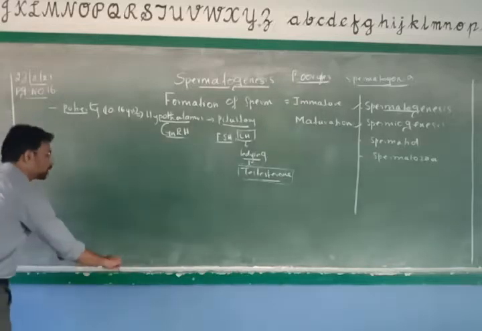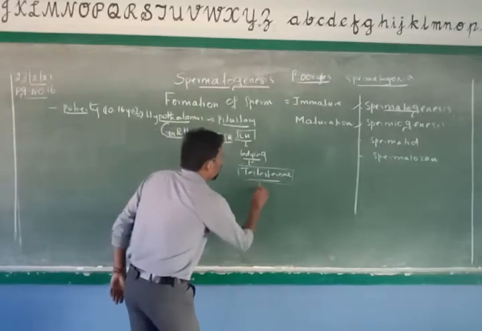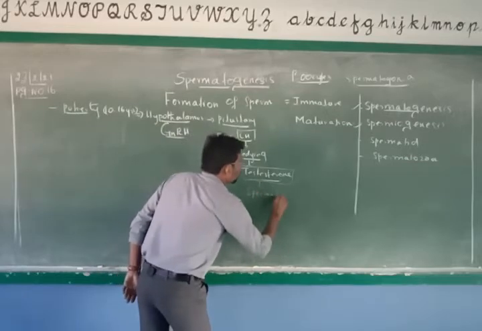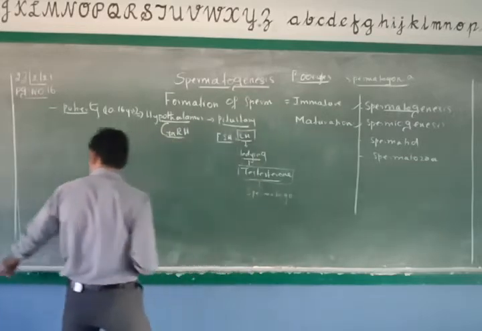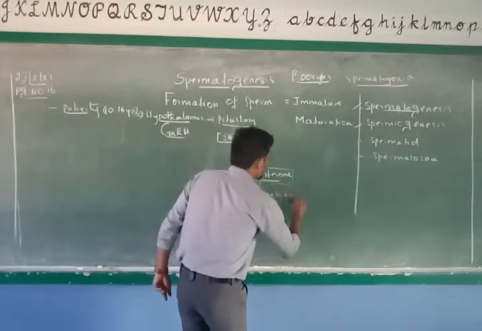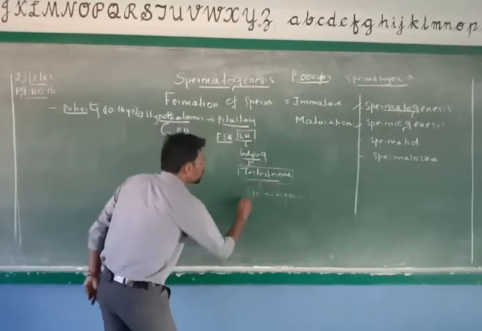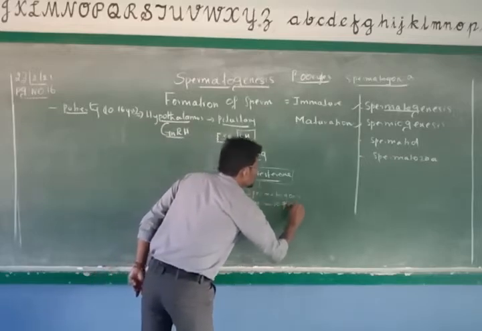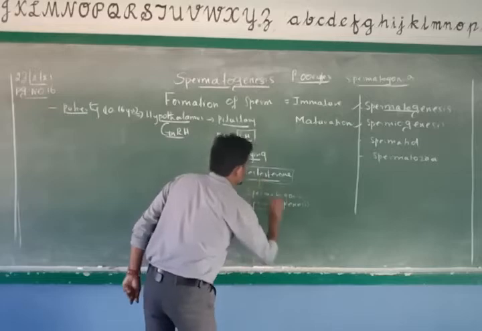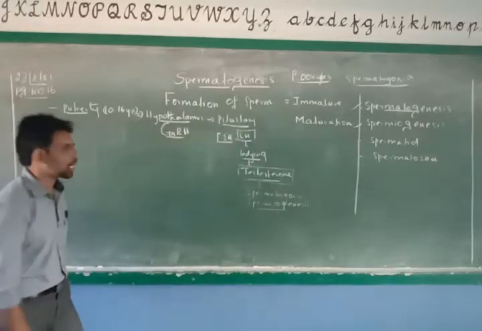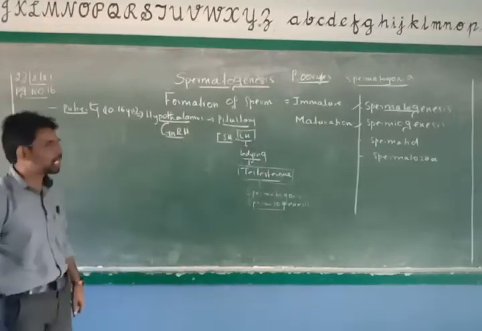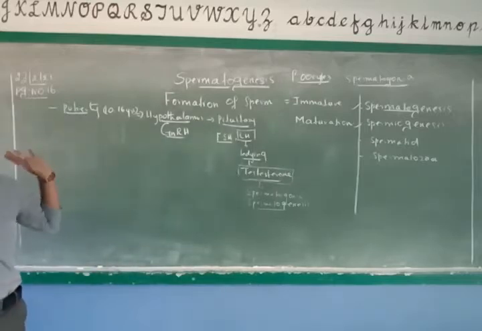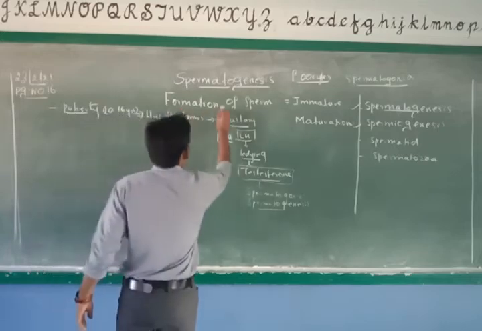So what is the role of testosterone? It will always be involved in the process called spermatogenesis, where spermatogonia are formed. So testosterone is involved in spermatogenesis, that is, the production of spermatogonia, the sperm mother cells.